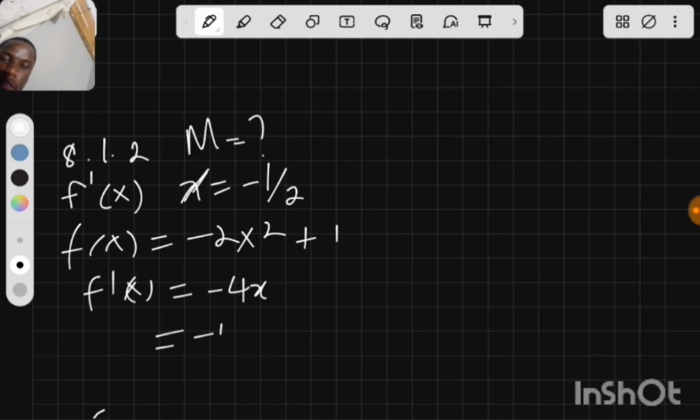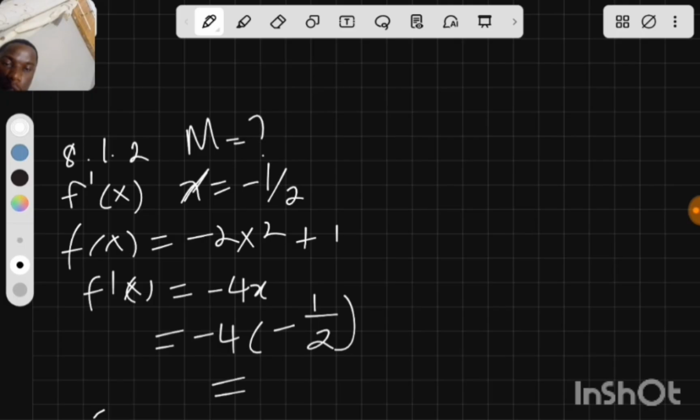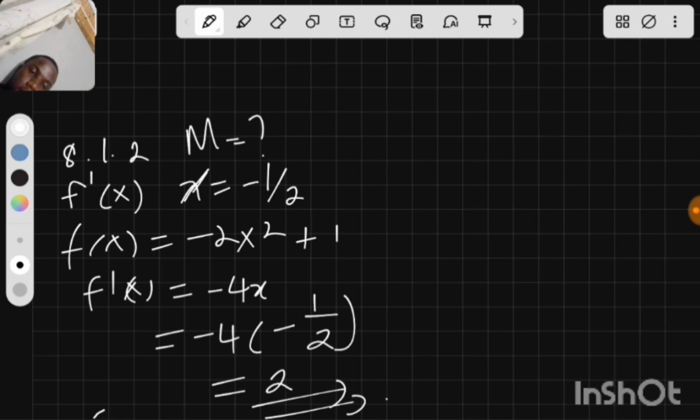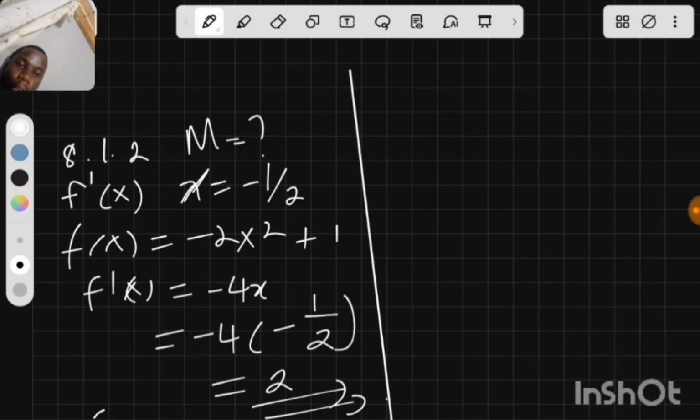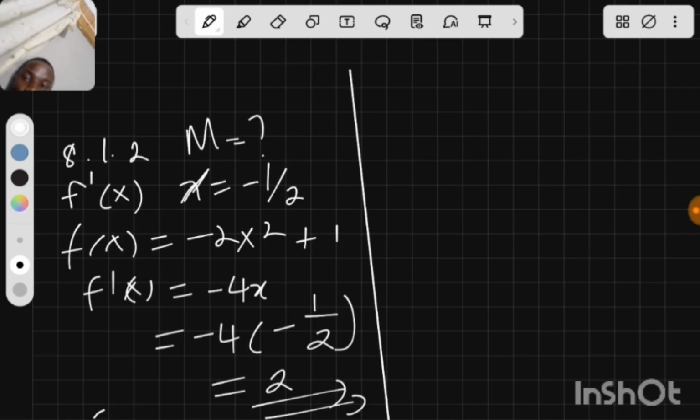It's going to be minus 4 times minus 1 over 2, which is half of 4, which is 2. That is the answer. I hope you understand. Ask me if you don't understand, I will reply in the comment section.